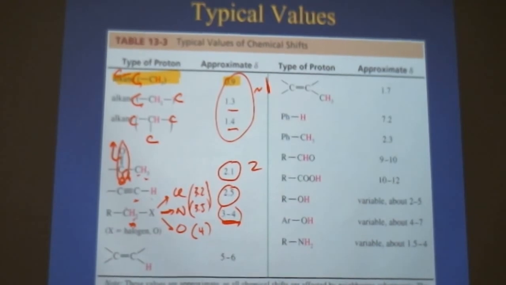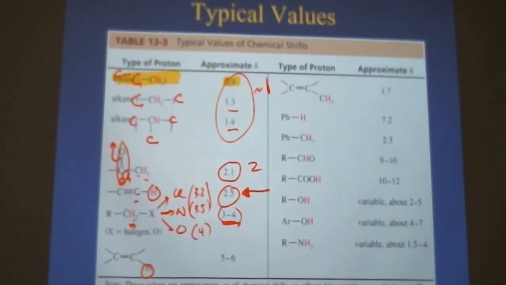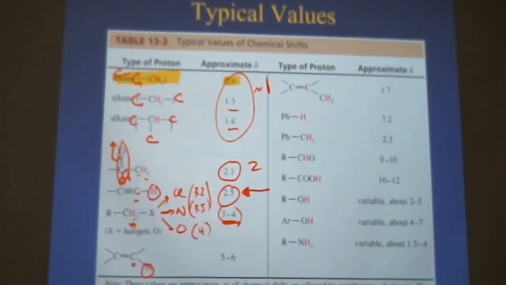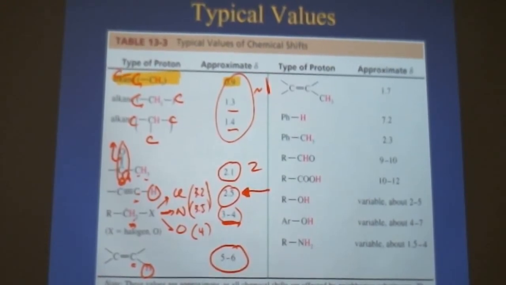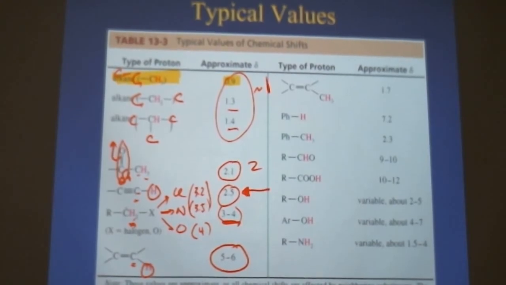Okay, we said that if a hydrogen is attached to an sp carbon, that comes at 2.5. Very different than if a hydrogen is attached to an sp2 carbon, where now it comes between 5 and 6. We'll talk about why the big difference there. So, alkane environment, a hydrogen attached to an sp3 carbon, about 1.